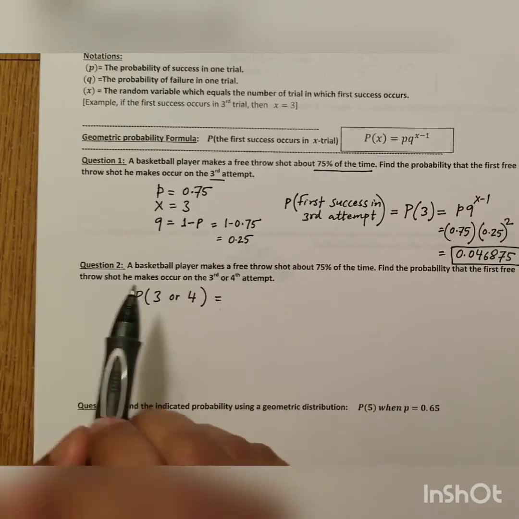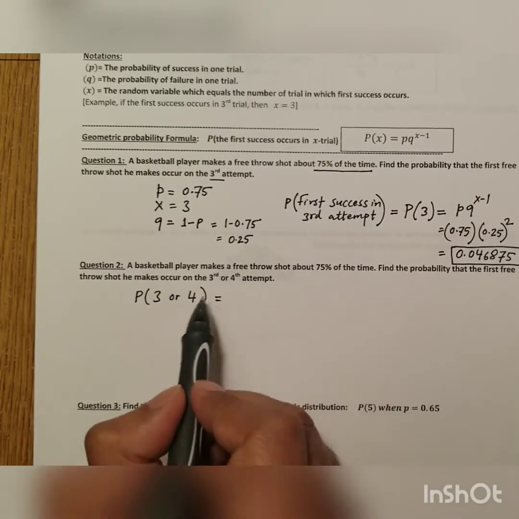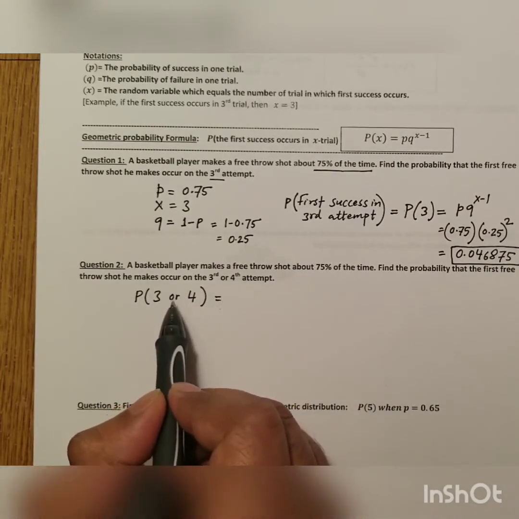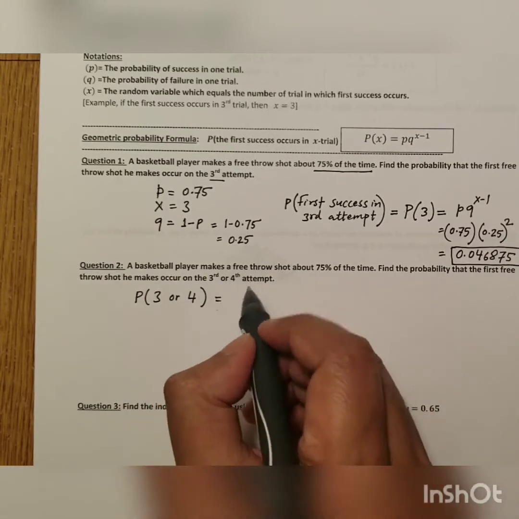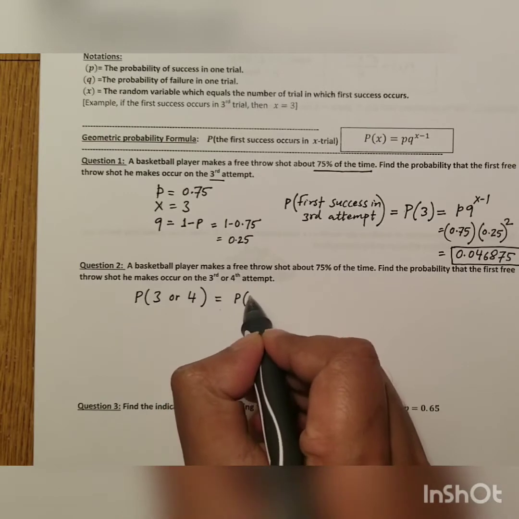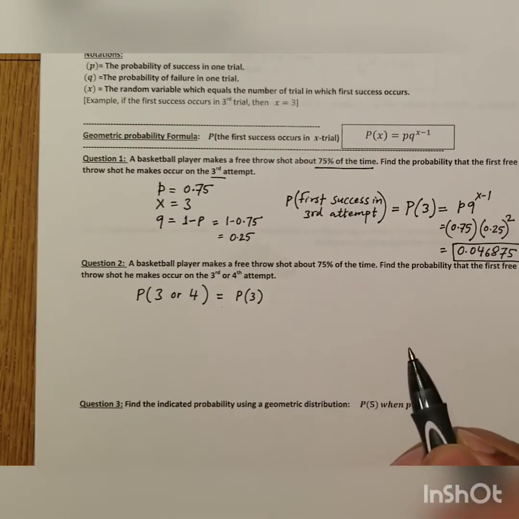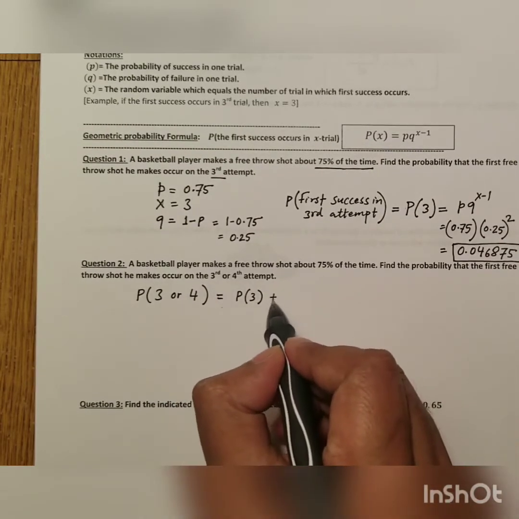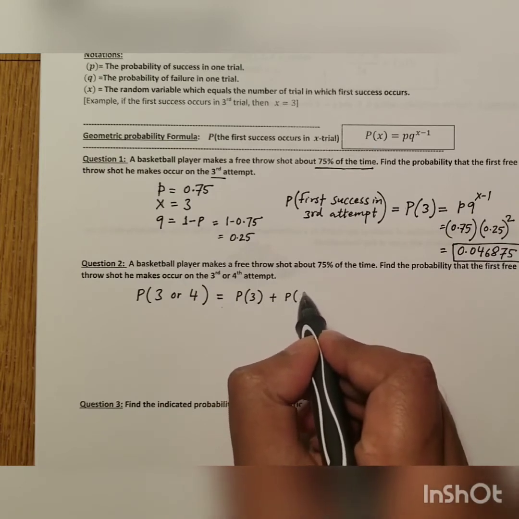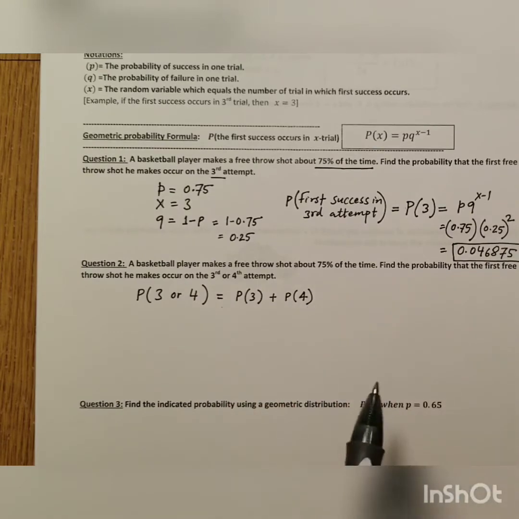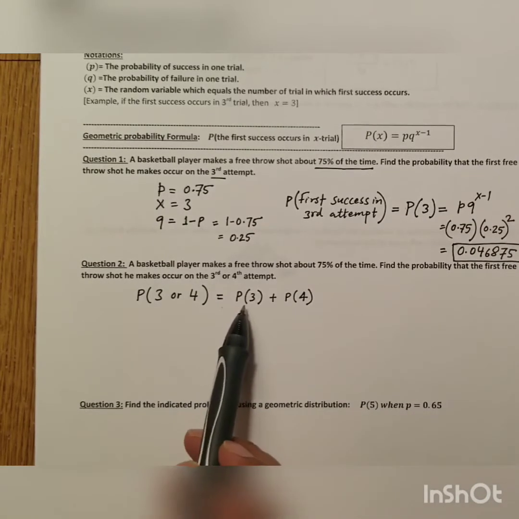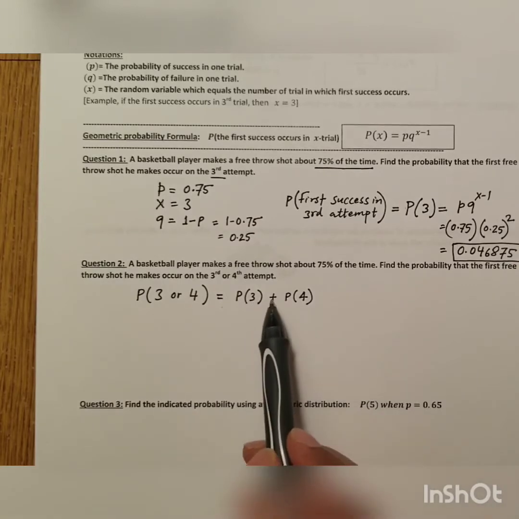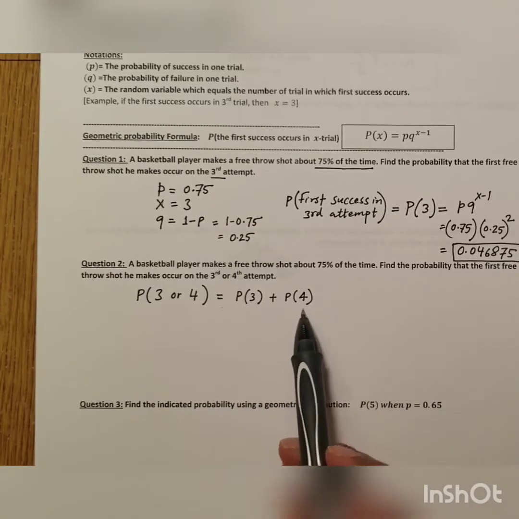In probability, if we have an or, that means we add probabilities. So this equals probability with x equals 3 plus probability with x equals 4.